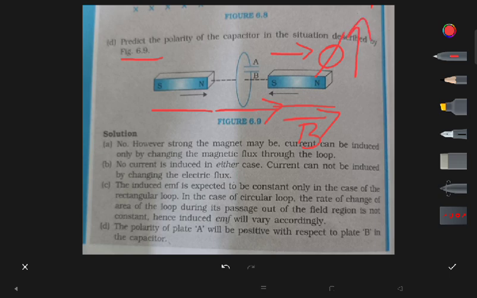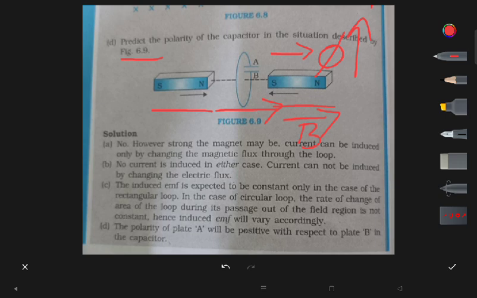So the flux is changing with respect to time, and according to Faraday's law of electromagnetism, an EMF should be generated across the ring. Across the ring a capacitor is connected. So the polarity of EMF at A may be positive or negative. That sign of the polarity of EMF at A or B is decided by Lenz's law.